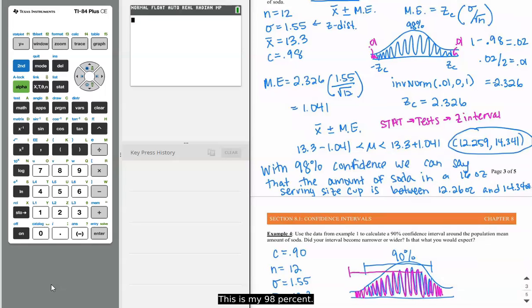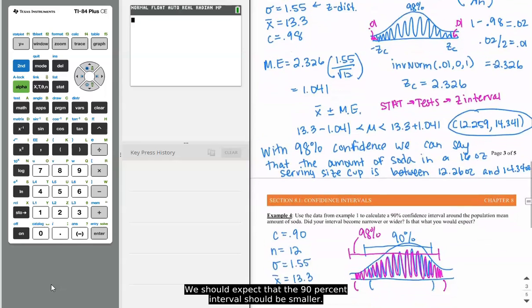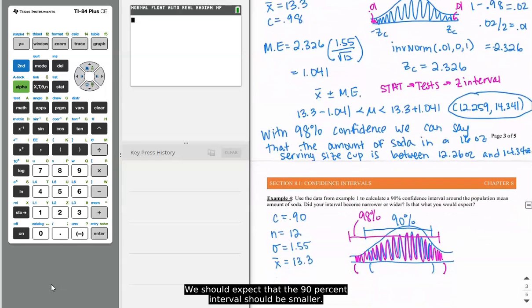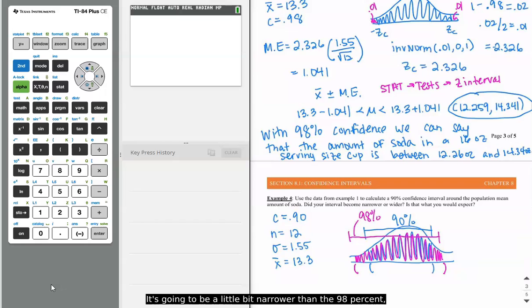So this is my 98%. If I think of creating this interval, it would be from here to here, whereas the 90% is right here to here. So we should expect that the 90% interval should be smaller. We're not as confident, so it's going to be a little bit narrower than the 98%, which includes more of the curve. So let's see if this is true.